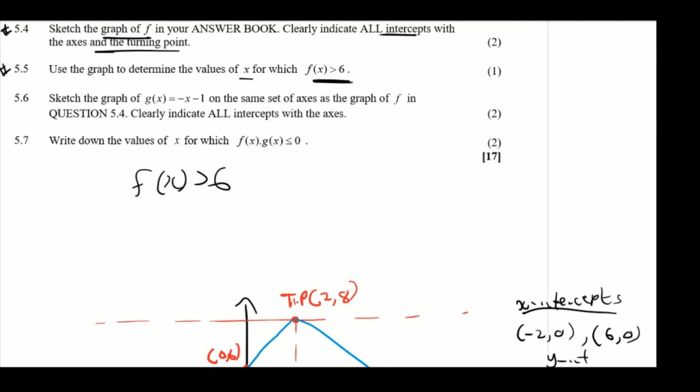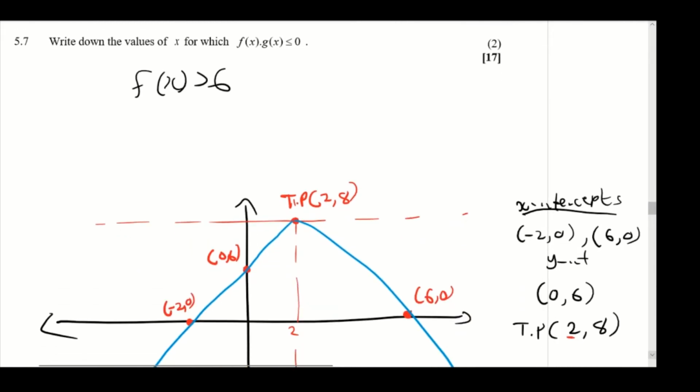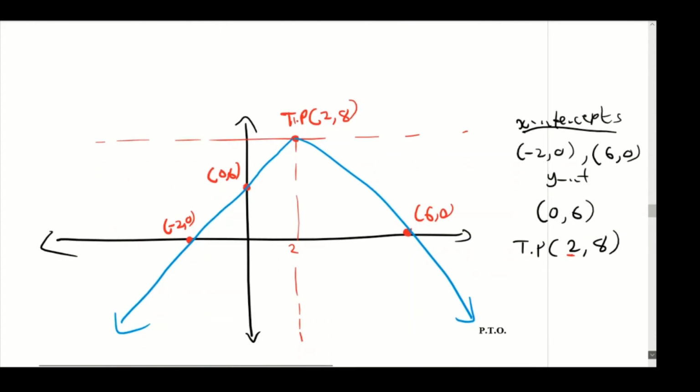So we're going to go to the graph. When the y value is greater than 6, this is where that happens. It's here. Just here.